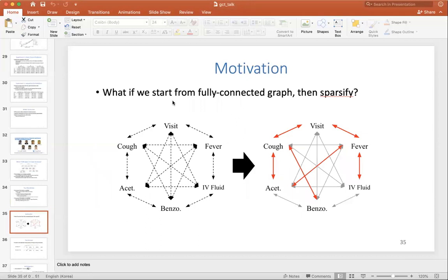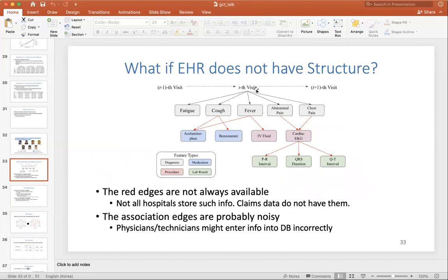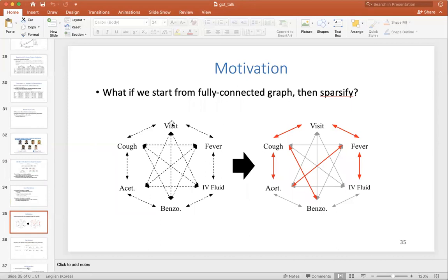So the motivation is, what if we start from a fully connected graph, then sparsify? This is your visit structure. There's a visit node, which sits at the top here. Let's say there were 5 codes in your visit: cough, fever, and acetaminophen, which is Tylenol, and benzonatate, some other medication, then IV fluid.